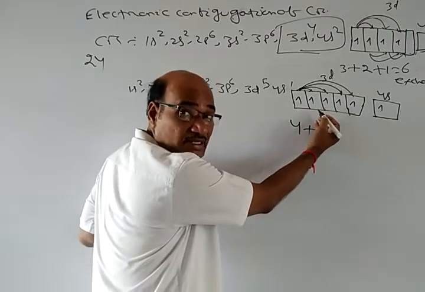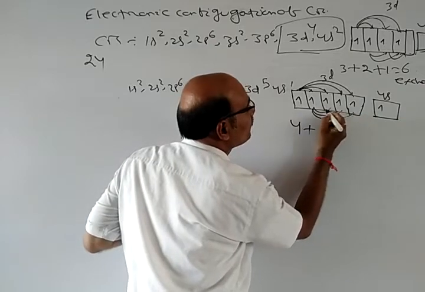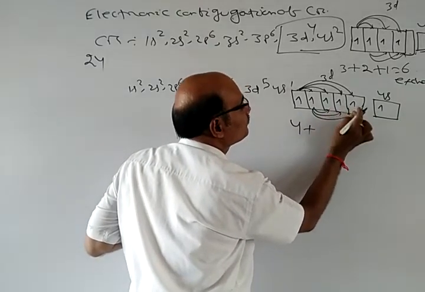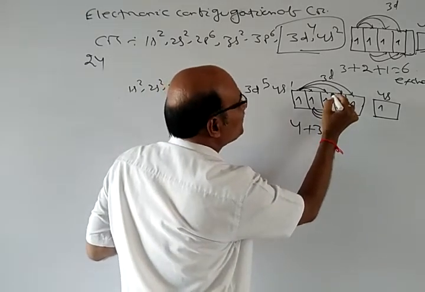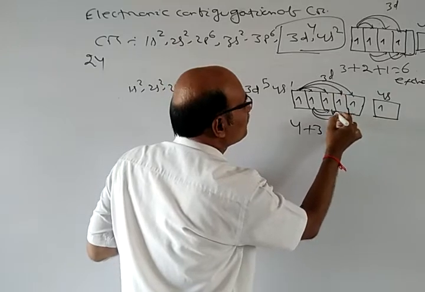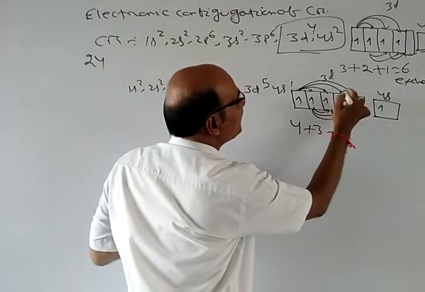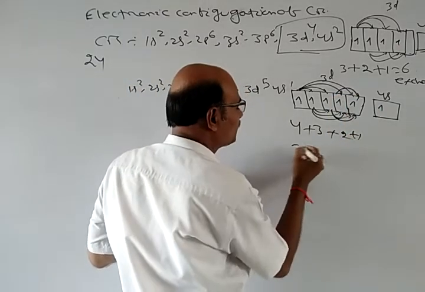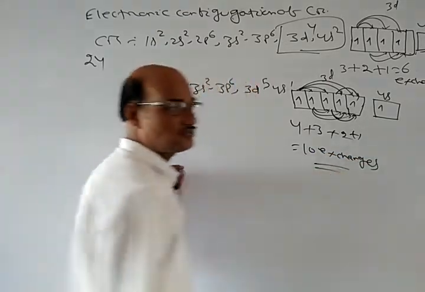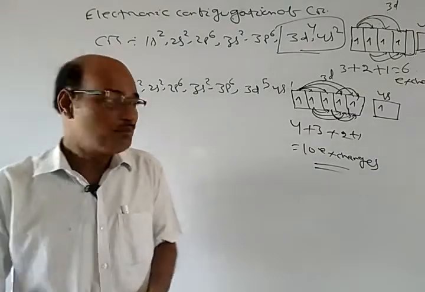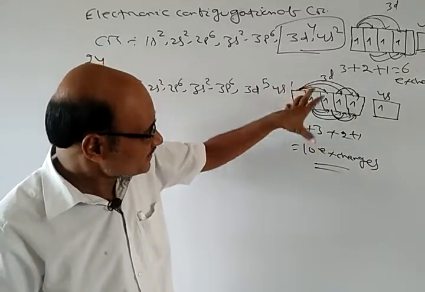Now this second electron can exchange with this one, 1, 2, 3. Now this third one can exchange with this one, 2, and this can exchange with this one, 1. That means 10 exchanges. With the 3d4 configuration, only 6 exchanges are possible.